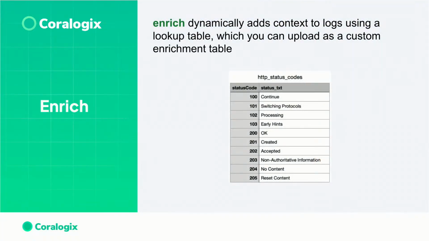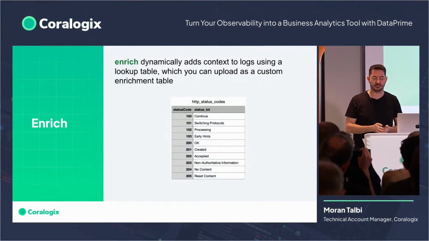I chose something very simple and straightforward, keeping it simple. HTTP status code. So I uploaded a map of status codes to their related text. 100 is continue, 200 is OK, and imagine that you have the entire list there.